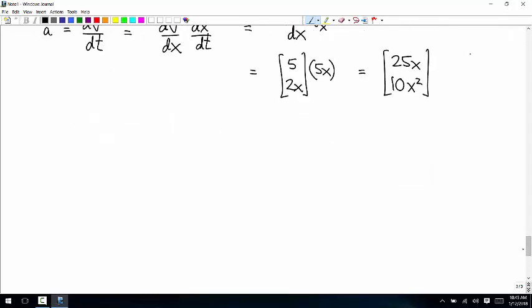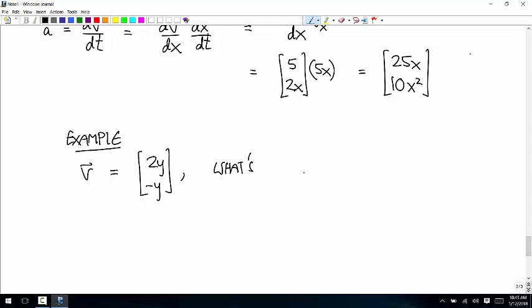Let me do another example. Well, let's say this time the velocity is a function of y. So velocity is 2y, negative y. We want to calculate the acceleration.